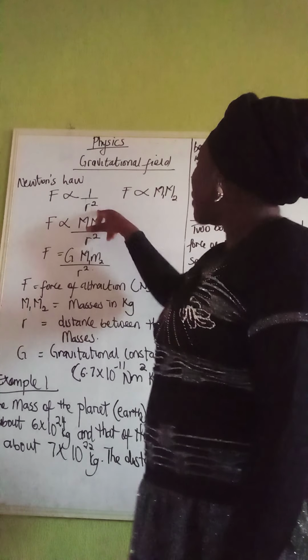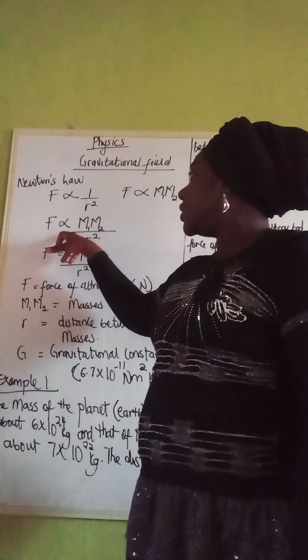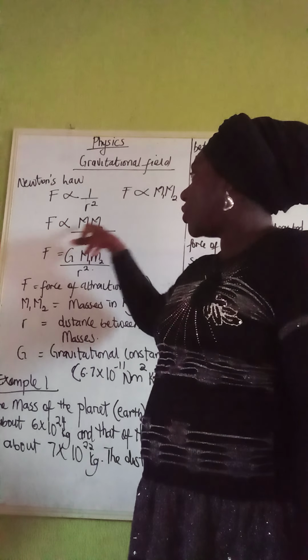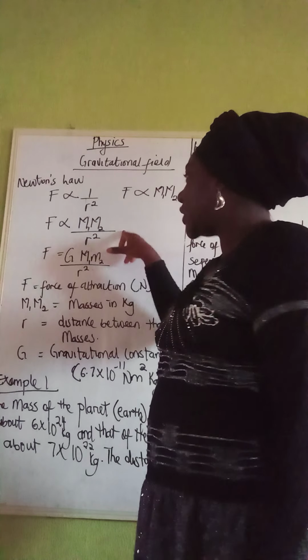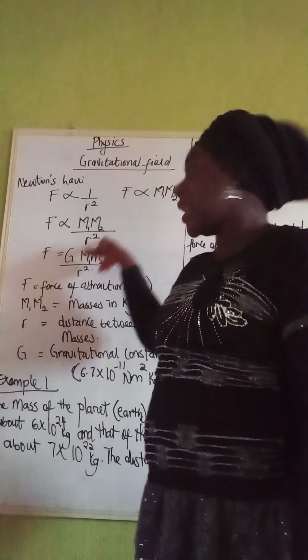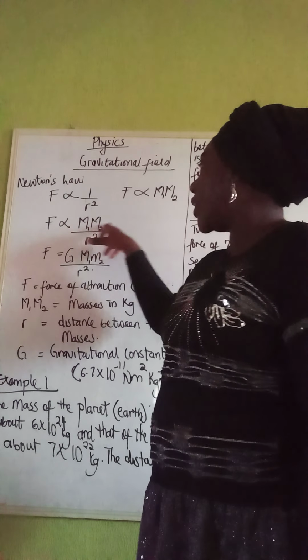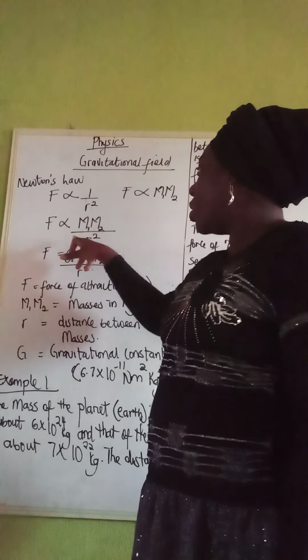So now for us to combine these two equations together, we'll be having force of attraction is directly proportional to the product of the masses and inversely proportional to the distance between the two masses. And that was how we arrived at F directly proportional to M1 M2 over R squared, the square of the distance between the two masses.